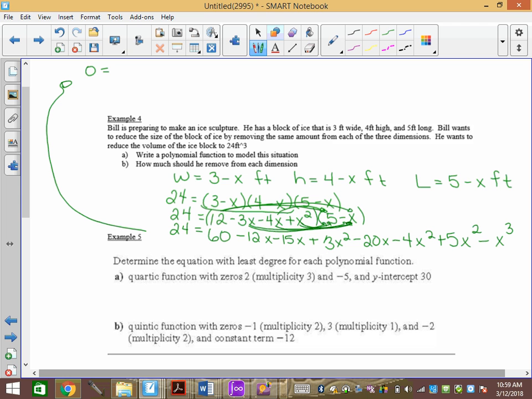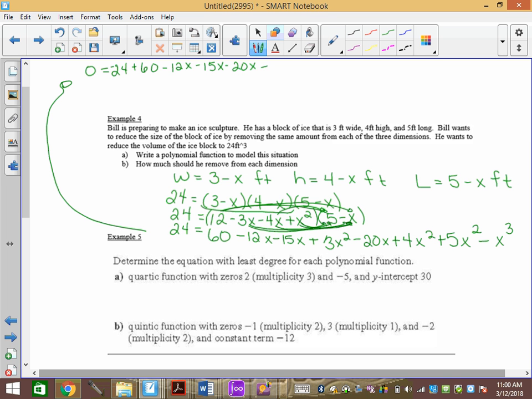So we have 24 plus 60 minus 12x minus 15x. Yep. Negative 20x. Yep.